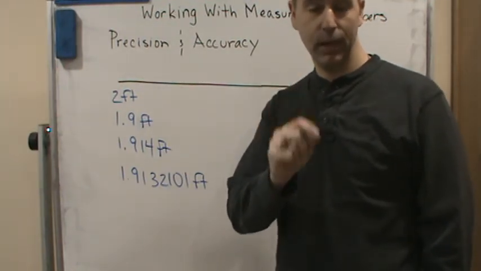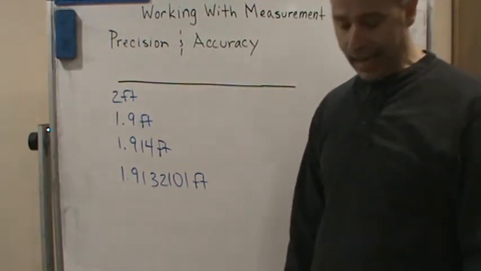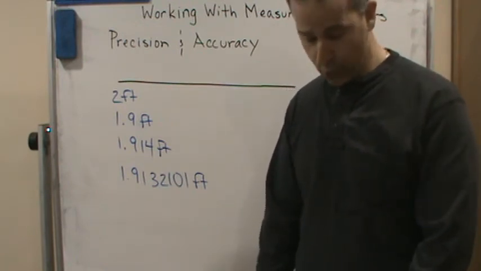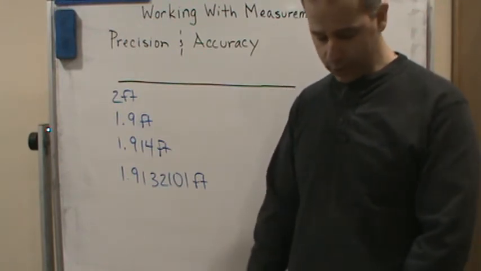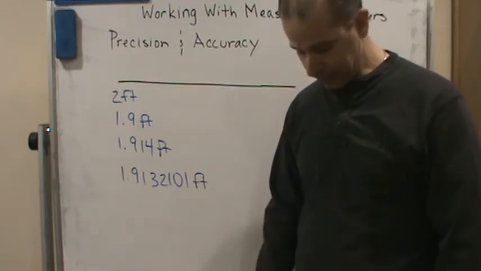That's the precision. But let's say one of your kids was messing around with the scale and put some books or some food on there, or maybe they took their guinea pig and were trying to weigh it, and they pushed the tare button.